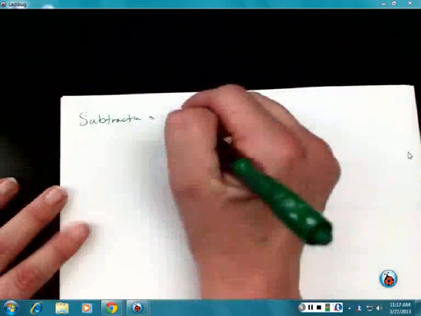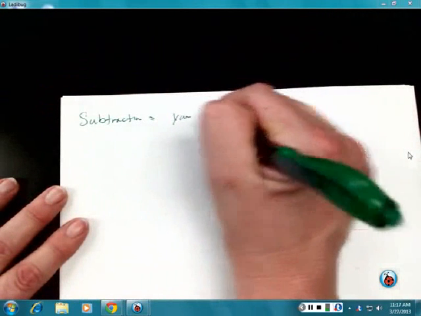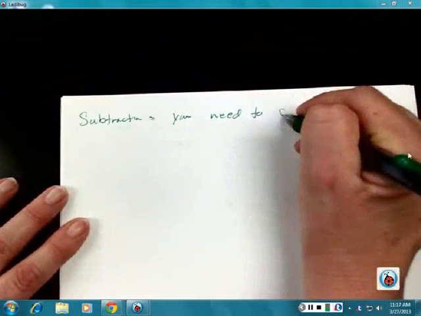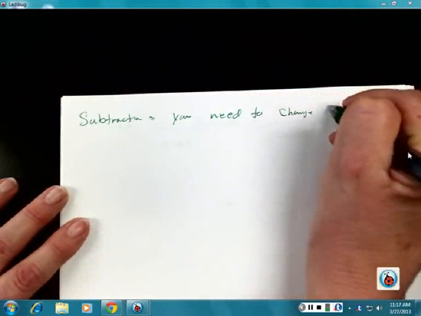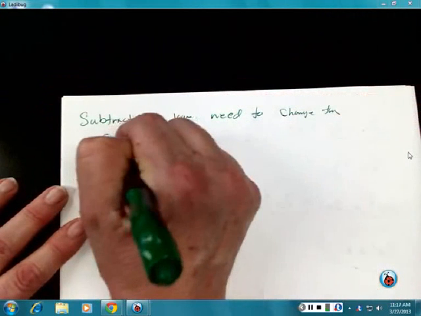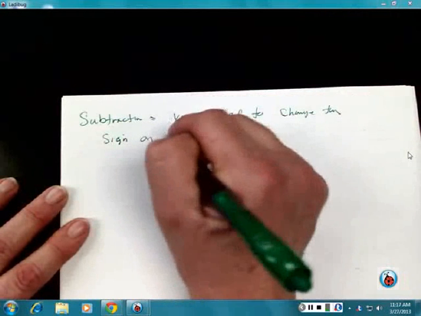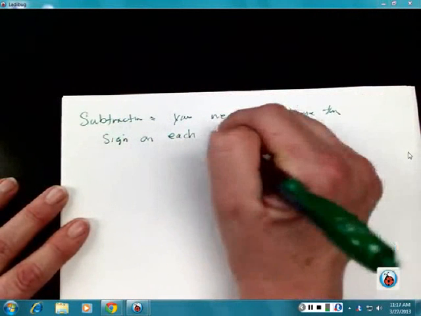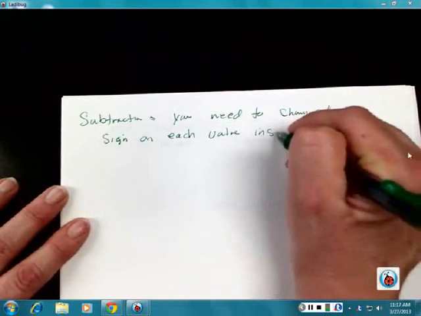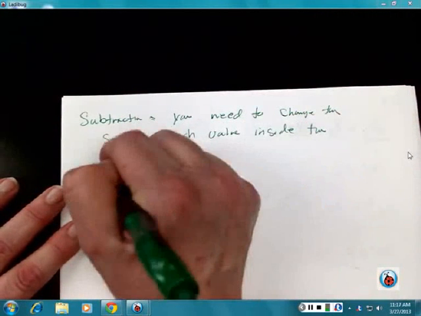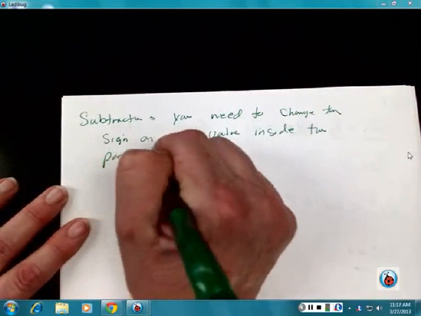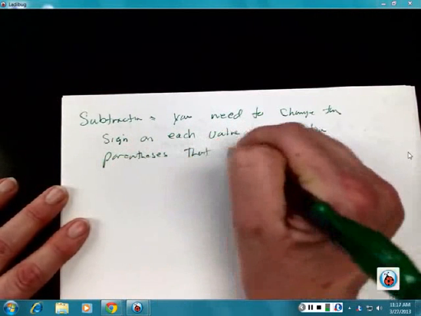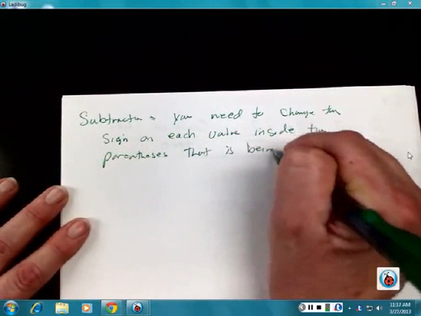In subtraction, you need to change the sign on each value inside the parentheses that is being subtracted.